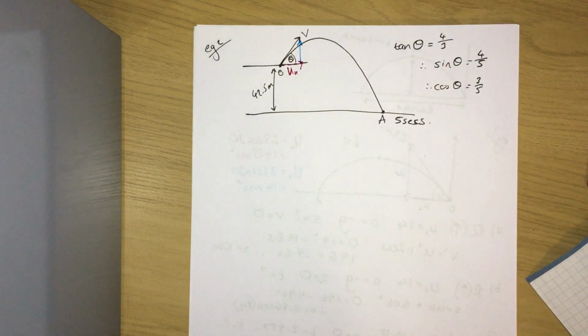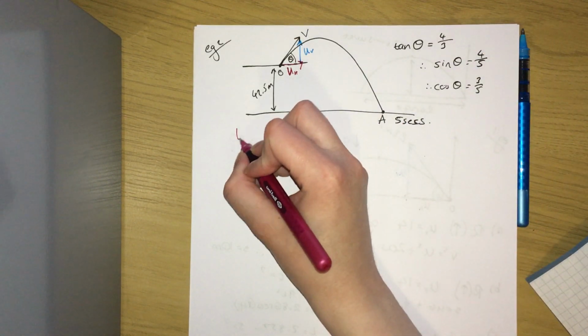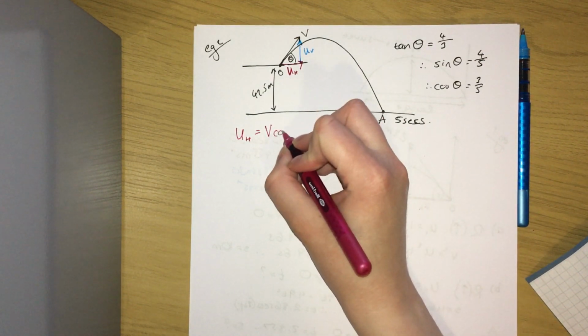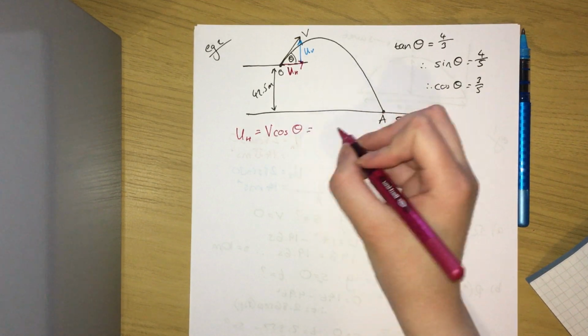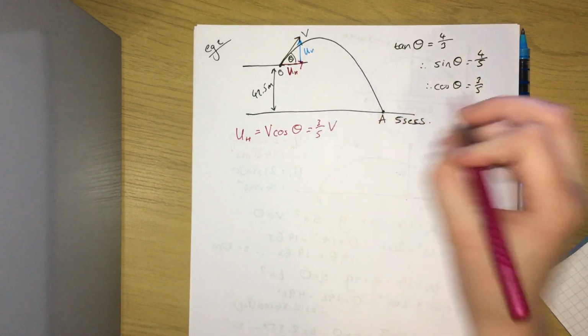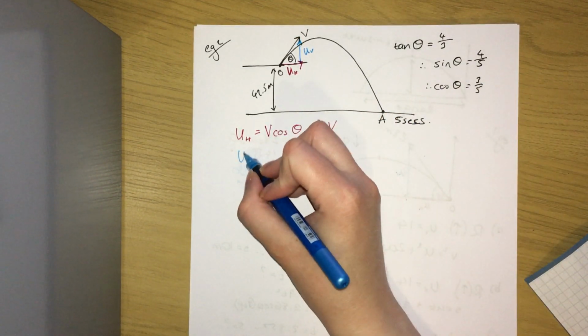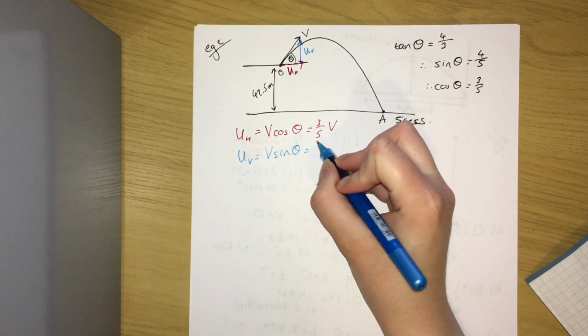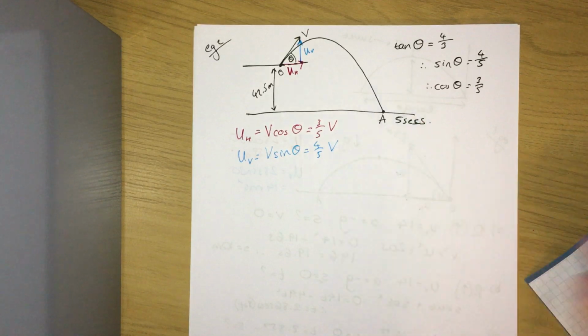So the initial horizontal velocity is v cos theta, so that's 3/5 of v, and the initial vertical velocity is v sine theta, which is 4/5 of v.